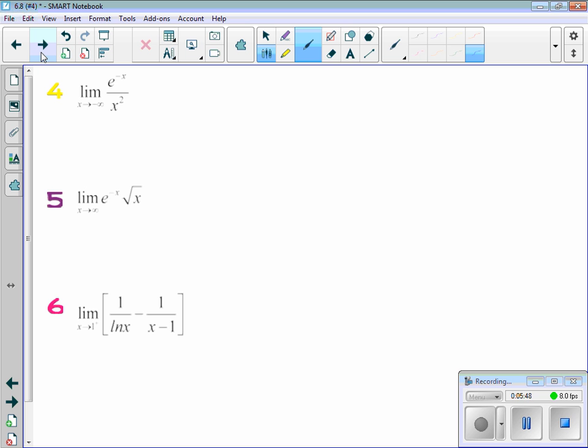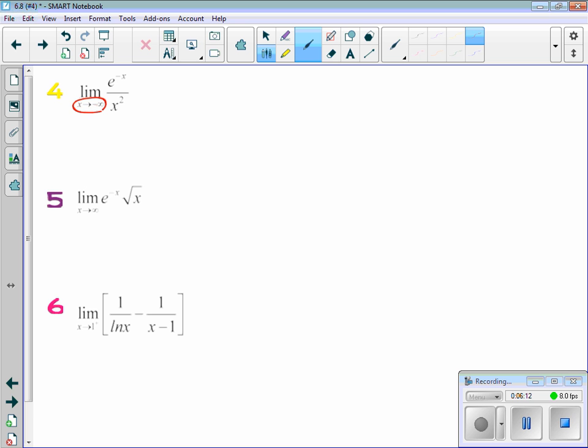Okay, so we're going to go ahead and look at these ones that are a little bit harder, but that doesn't mean they're crazy hard. So now we're going to go ahead and plug in negative infinity. So that's going to change the top into being e to the what? E to the positive infinity, right? Isn't e just a number, like 2.7 something?